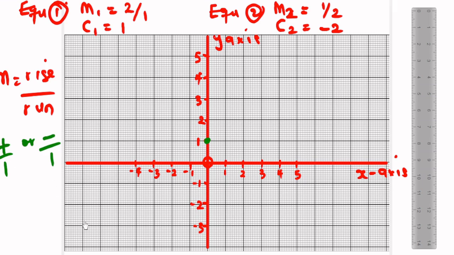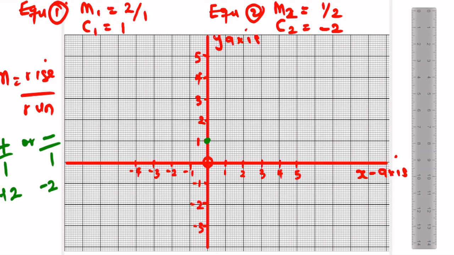If you have plus 2, it means take 2 steps upward on the y-axis. Let's assume you are starting from here, take 2 steps upward, 1, 2. But if you have minus 2, let's assume the point is here for y, you have to take 2 steps backward, 1, 2. So if it is positive, you go up. If it is negative, you come down. Are we getting this? That is for the numerator.